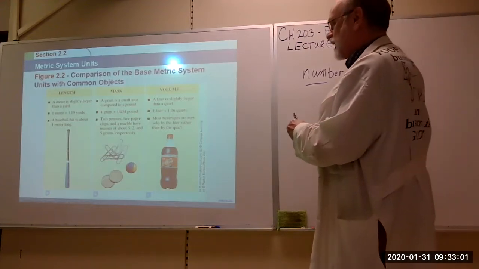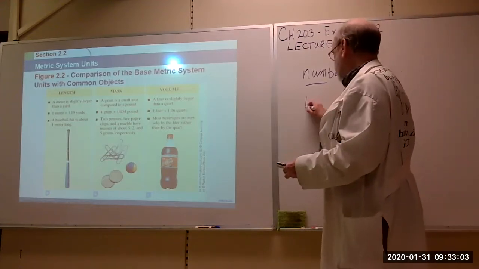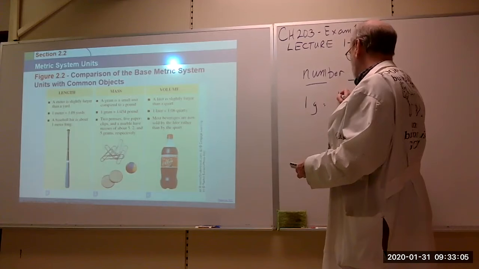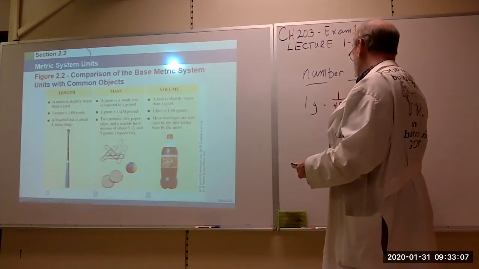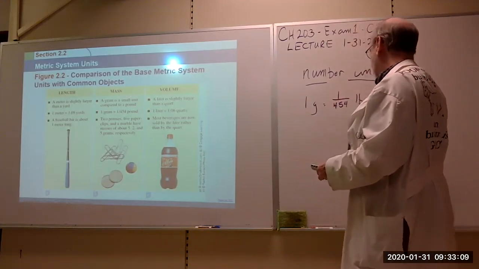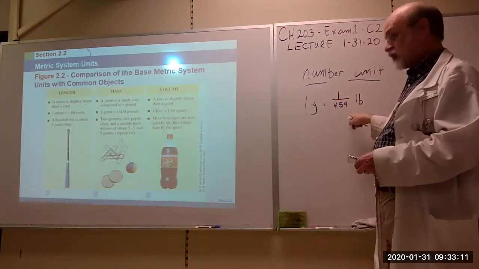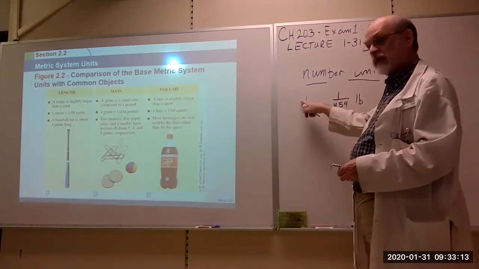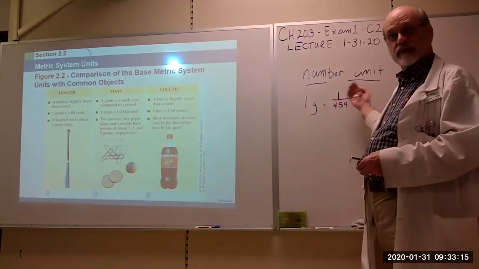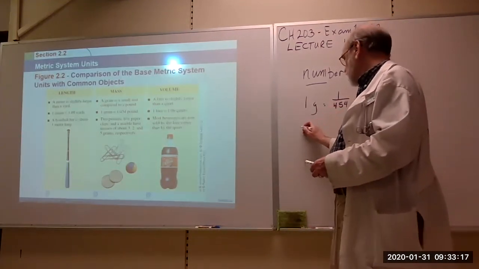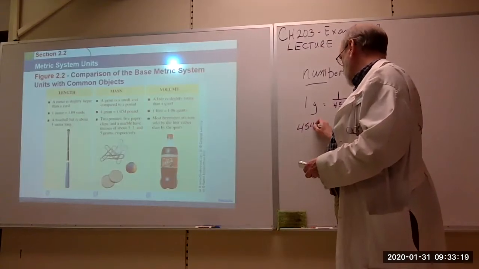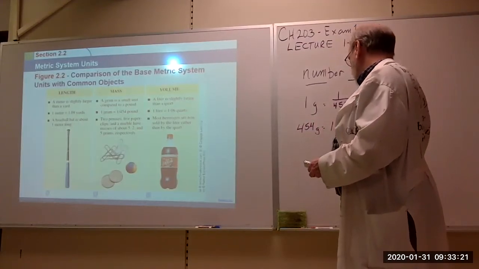And you could also say it this way, right? If we say 1 gram equals 1 over 454 pounds, then algebra says we can take that 454 and put it over here, right? Divide on this side, multiply on the other side. So you can say 454 grams equals 1 pound.